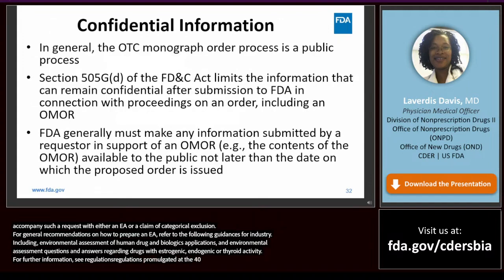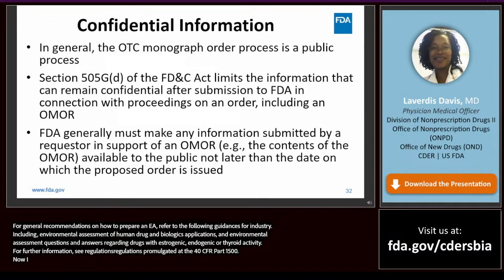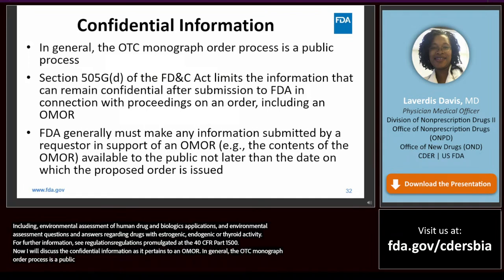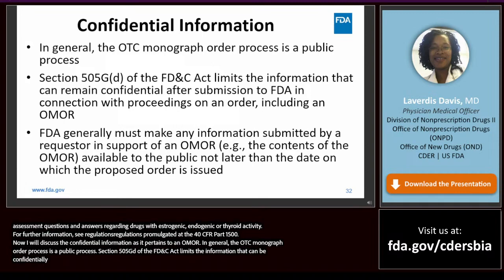Now I will discuss confidential information as it pertains to an OMOR. In general, the OTC Monograph order process is a public process. Section 505G(d) of the FD&C Act limits the information that can be confidentially submitted to FDA in connection with proceedings on an order.